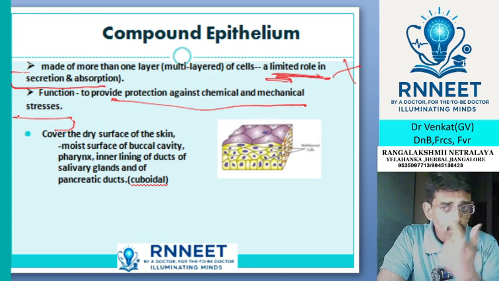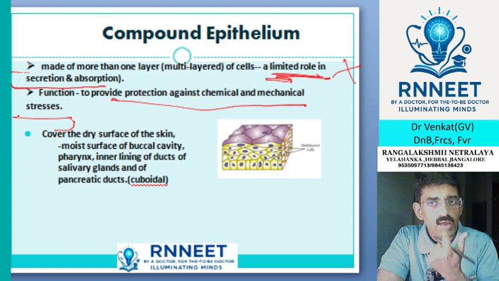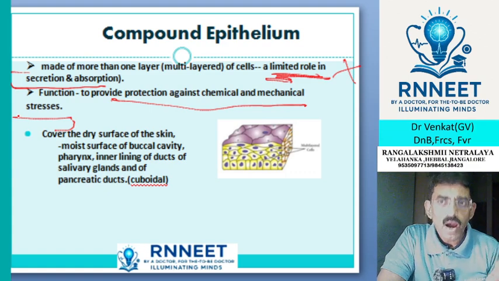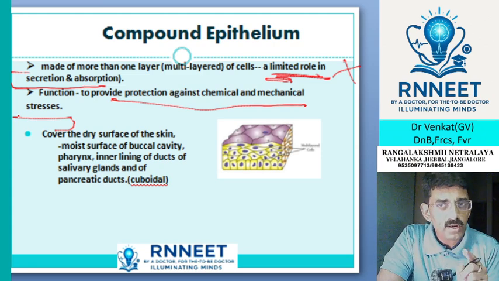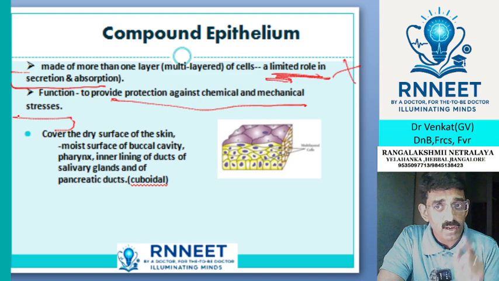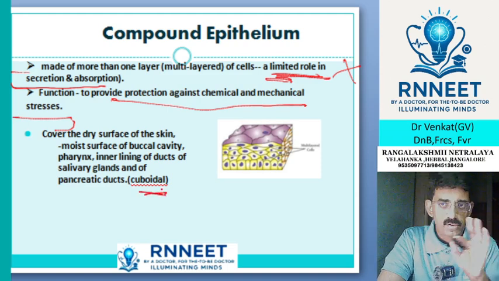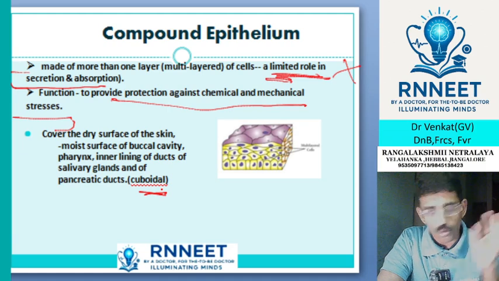So from your mouth you start: the buccal cavity, the pharynx, the salivary glands, okay, and very important, as I told you, the pancreatic duct. Pancreatic duct is one type of epithelium which is compound and is cuboidal. It is not columnar, it is cuboidal.